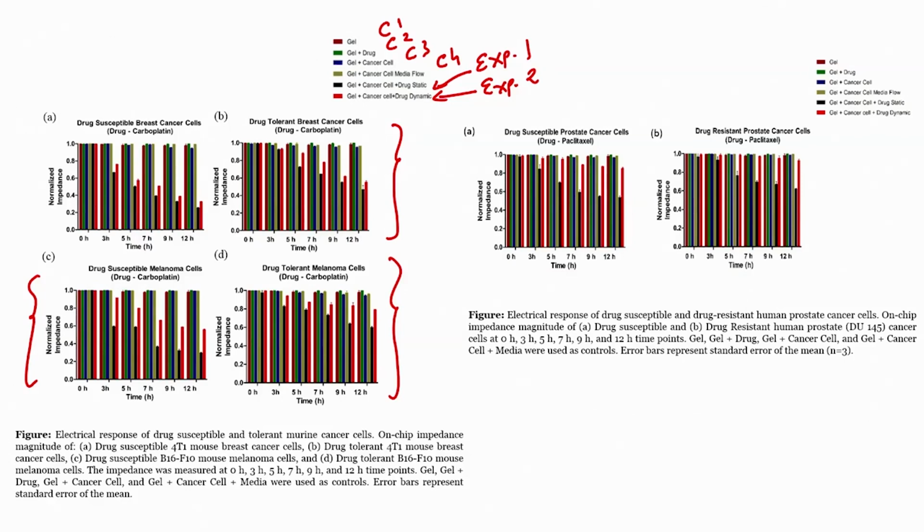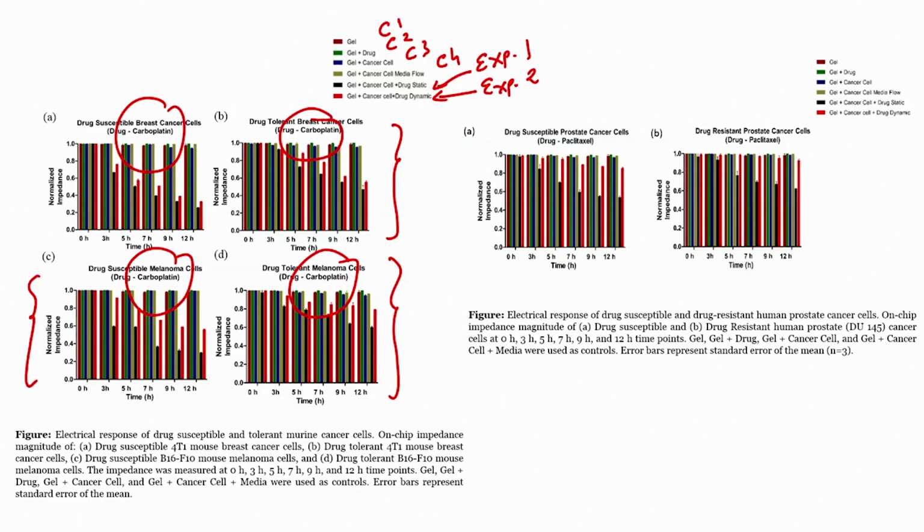Now, you will see we have used a particular drug called carboplatin. For breast cancer cells and melanoma cells generally platinum based drugs are used for chemotherapy, while for prostate cancer Taxol based drugs are used.